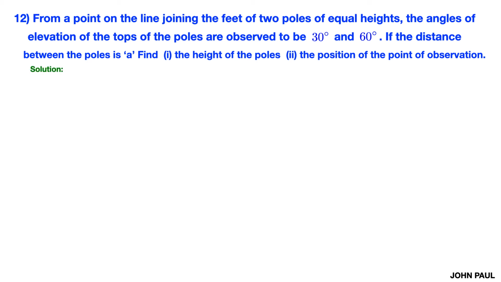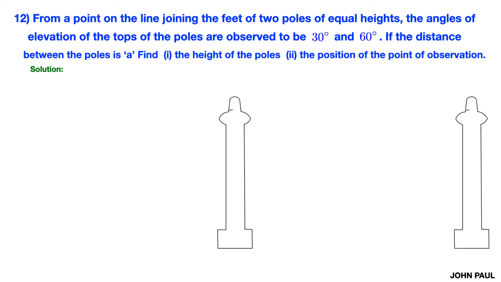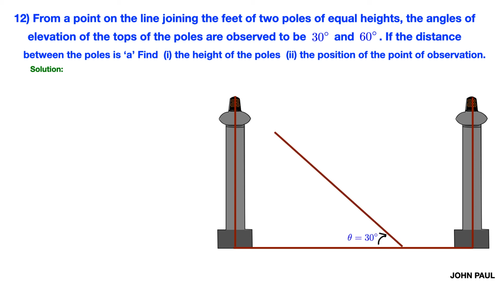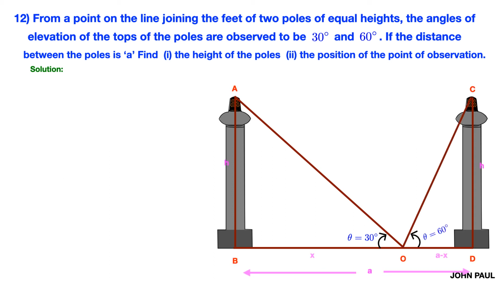Solution. First we will understand the question, that is, two poles are given which are of the same height. A person stands somewhere and looks at the tops of both poles, which make angles of 30 degree and 60 degree at the point O. So let us consider AB and CD as the heights of the poles.